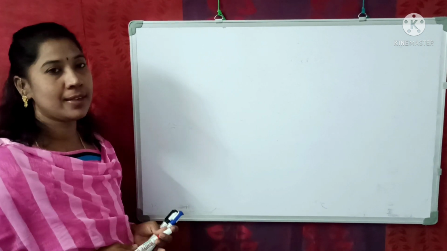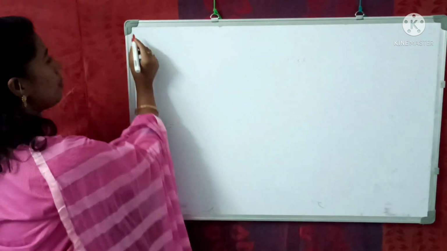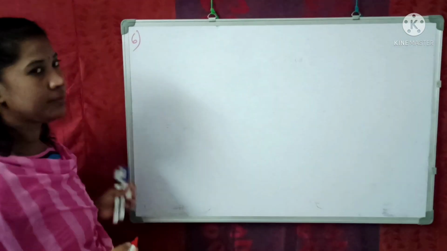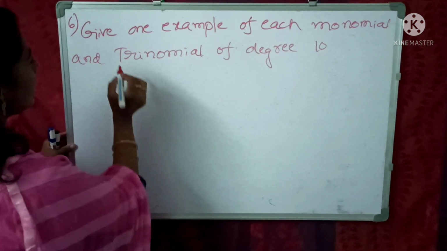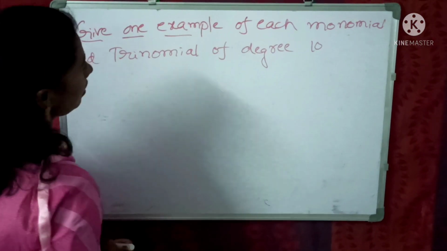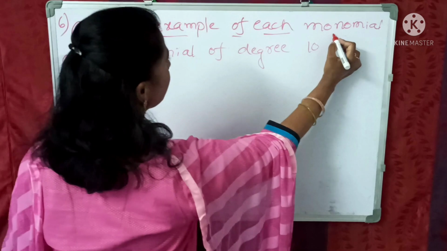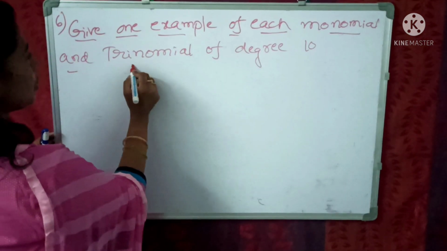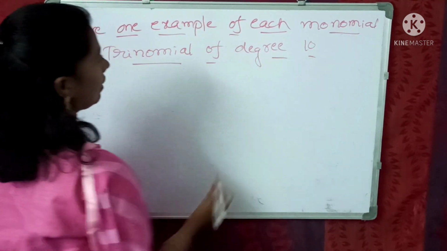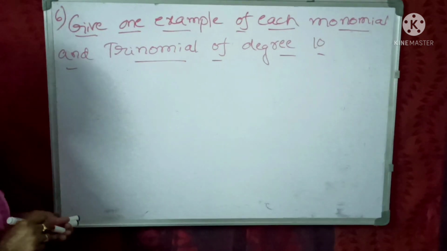Next we will go for the next problem. Sixth. The sixth question is: give one example each of a monomial and a trinomial of degree 10. Okay, are you able to understand the question?